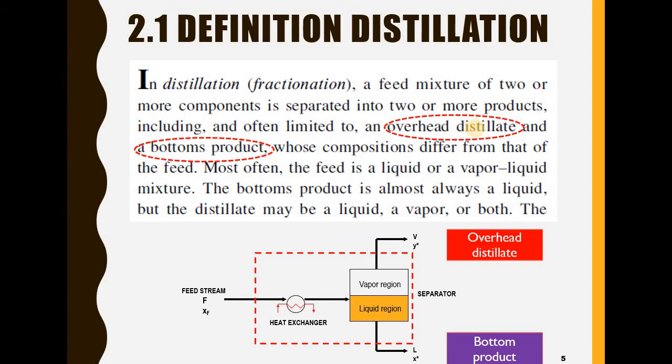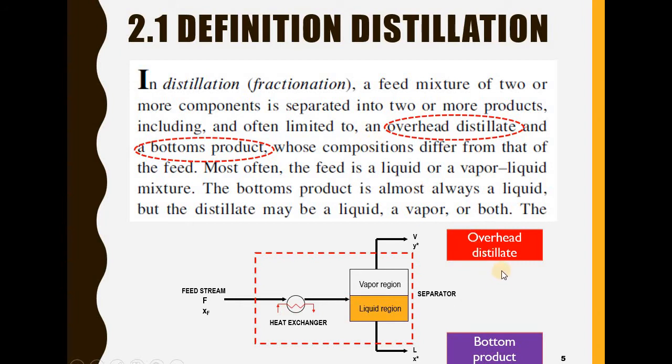For example, here we have a feed stream, and the feed stream will have the mixture. The mixture will be separated, so the product at the top we call the overhead distillate, and at the bottom we call the bottom product.